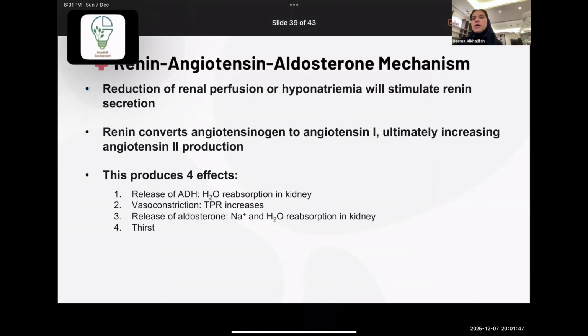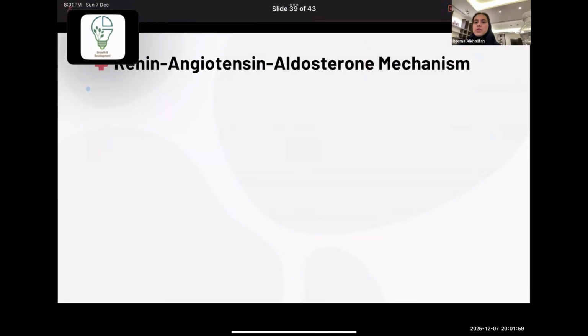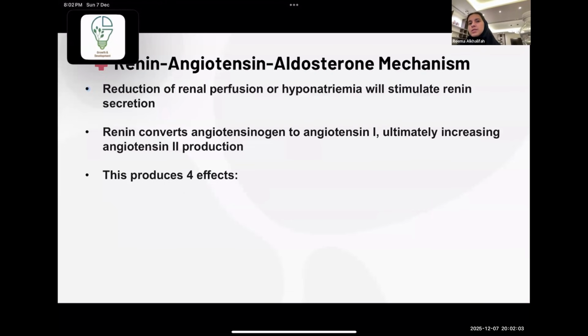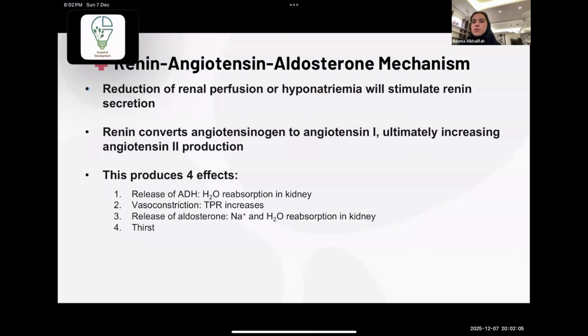So if there is any reduction in renal perfusion or there are decreased levels of sodium, it will stimulate renin secretion. Now, renin is going to convert angiotensinogen to angiotensin 1, and that will also help increase angiotensin 2 levels. Now, this will produce 4 effects that I've mentioned already.